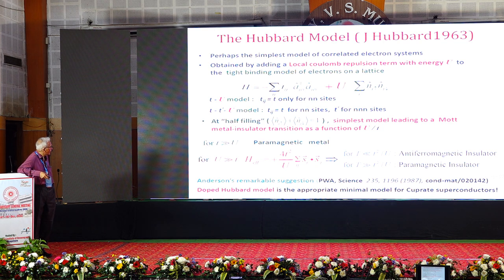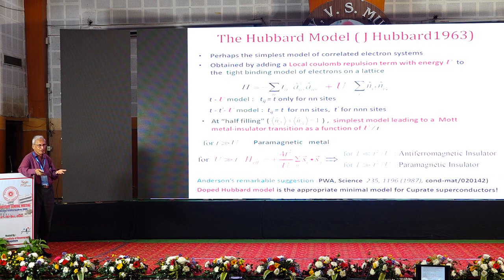And so if the hopping parameter is the dominant parameter, U is small, this actually describes at half filling a paramagnetic metal. Because, imagine if U is 0, this is a model with one electronic state per site, and you diagonalize this and you get a band of conduction electron states, and this conduction electron band can accommodate 2n electrons, where n is the number of lattice sites in the problem.